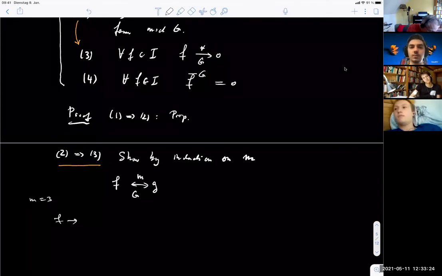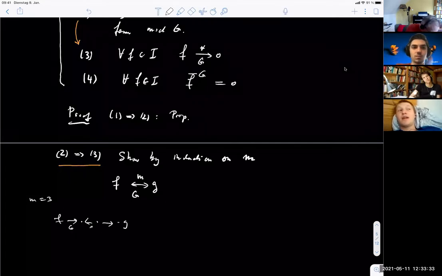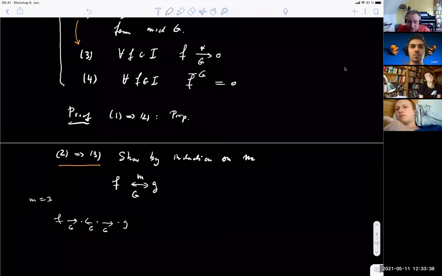You make 3 steps and you end up with G. But in these steps, you can go forwards and backwards, mod G. It doesn't matter. You're allowed to apply inverse reductions. So in m steps, I can go from F to G, but each step is going forward or backward, mod G.